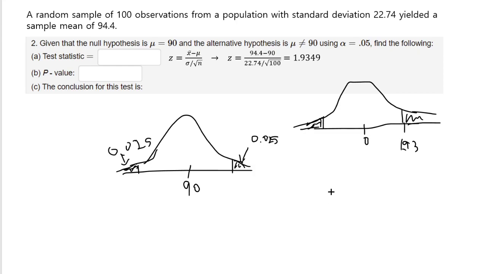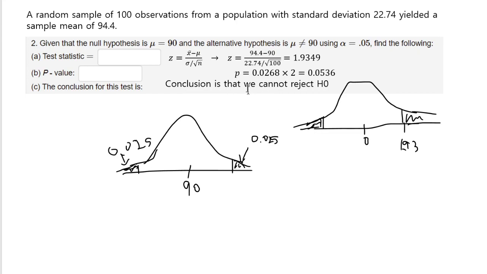So the conclusion is that we cannot reject H0. But it's asking for the p-value as well, and because this is a two-tailed test, you not only take account of this area, but also this area as well. So you have to double it. The p-value is 0.0536, and the conclusion is that we cannot reject H0.